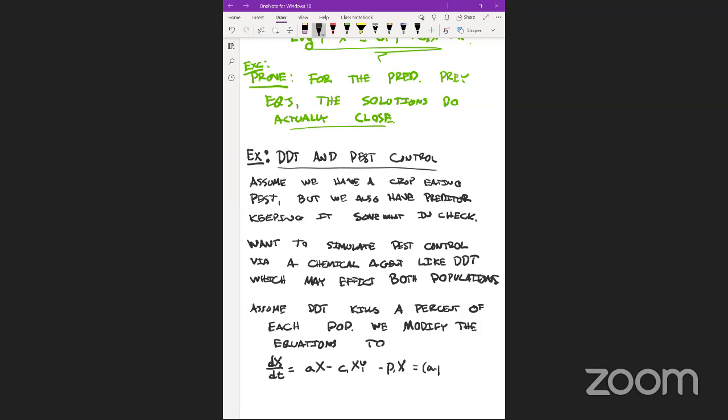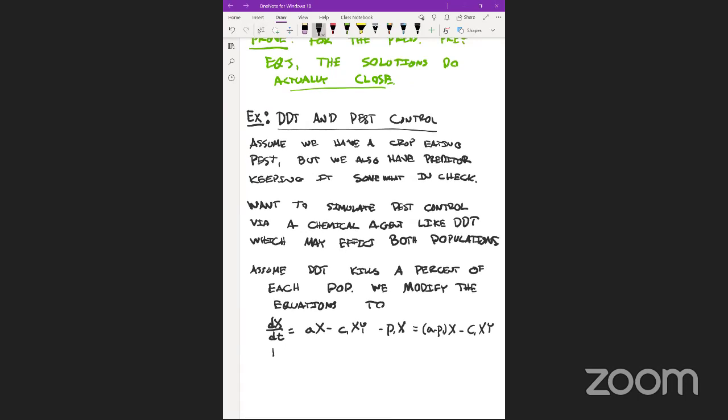So dx/dt equals (a minus p1)x minus c1xy, and dy/dt equals c2xy minus (b plus p2)y.